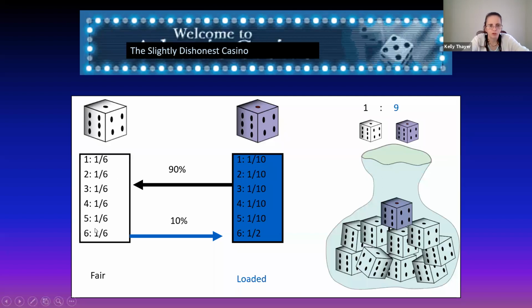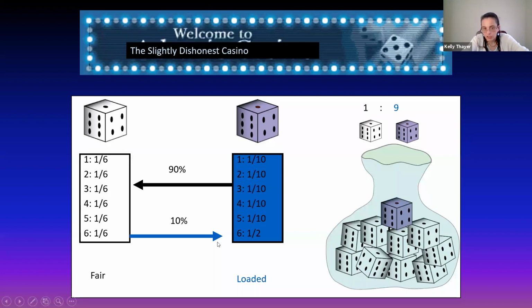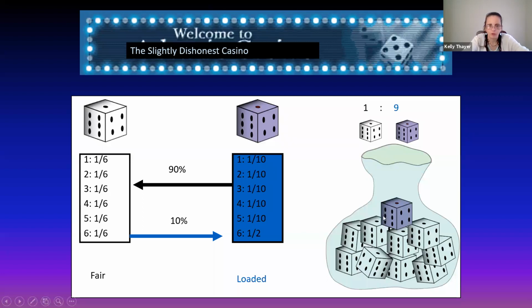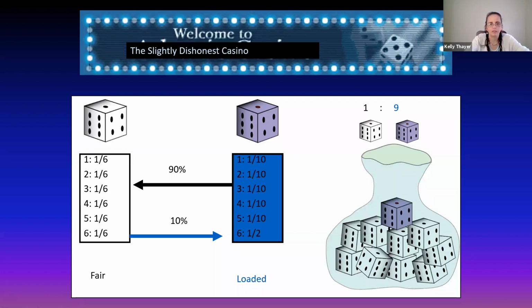And if we are doing a fair die, we would have 10% chance to pull out an unfair one. Notice that this works with replacement. So it means you roll the die, you look at the number and record it, and then you put the die back in the bag, and then you reach into the bag of dice and pull out another one. So it could be possible to select the same one twice.